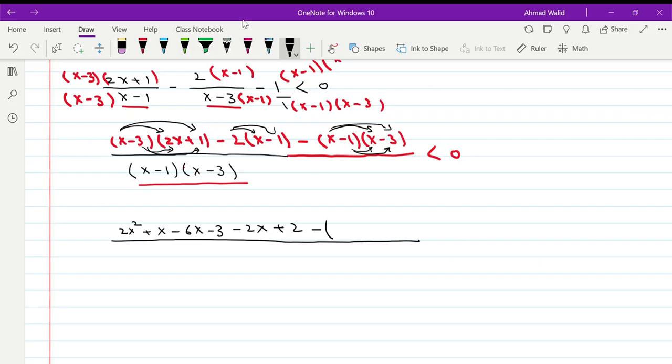Open a parenthesis and FOIL. X times x gives you x squared. X times negative 3 gives you negative 3x. Negative 1 times x gives you negative x, and negative 1 times negative 3 gives you positive 3. All over x minus 1 times x minus 3 less than 0.